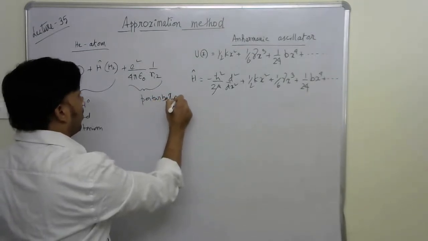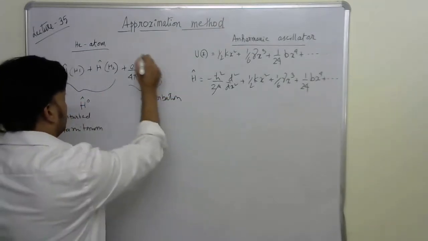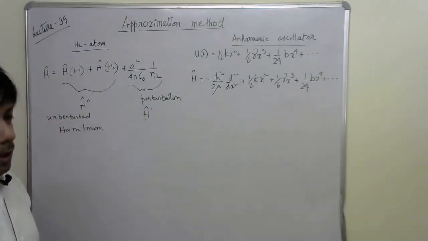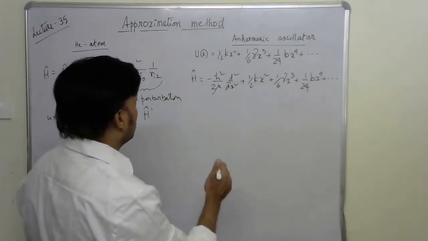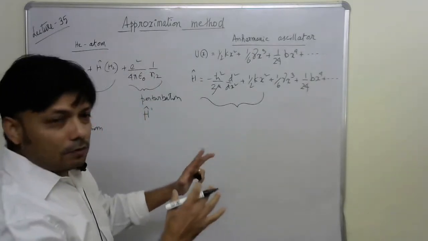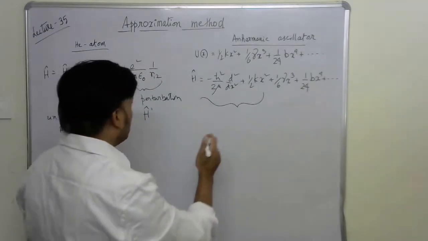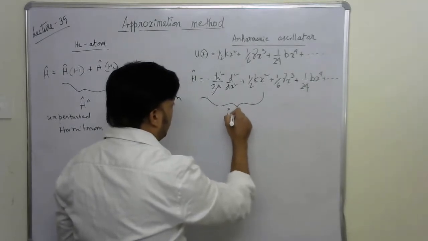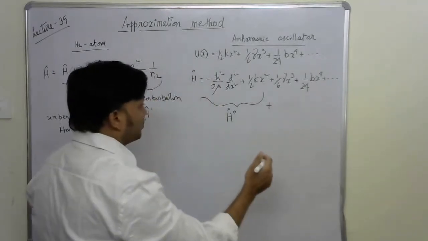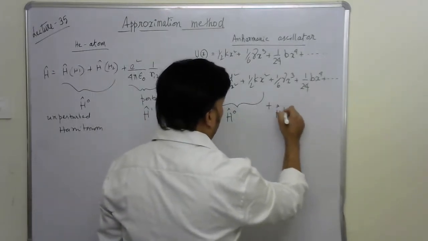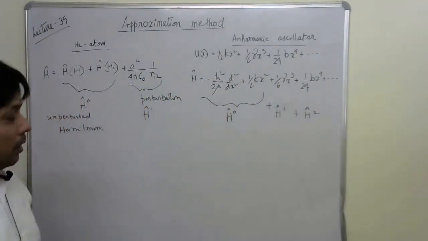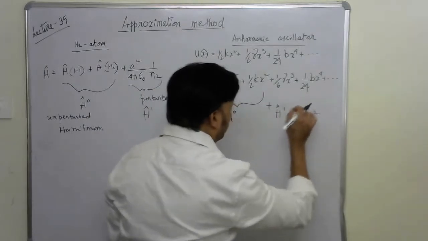So for the helium atom, this part becomes your first order perturbation, or H1. Similarly for the anharmonic oscillator, we can easily recognize that it originates from a known system, which contains an unperturbed Hamiltonian H naught plus these terms, so we can call it H1 plus H2. So this is the first order perturbation, and this is the second order perturbation.